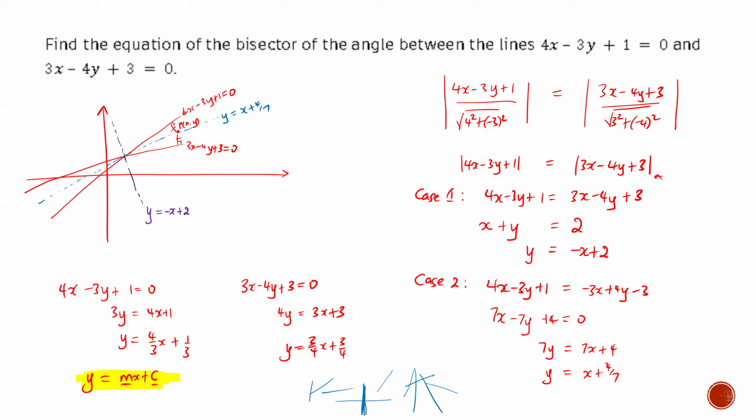And then the c is basically where the line touches the y-axis. So if you have the m and the c, then you can always draw a semblance of the line. I don't want to take more time on that.